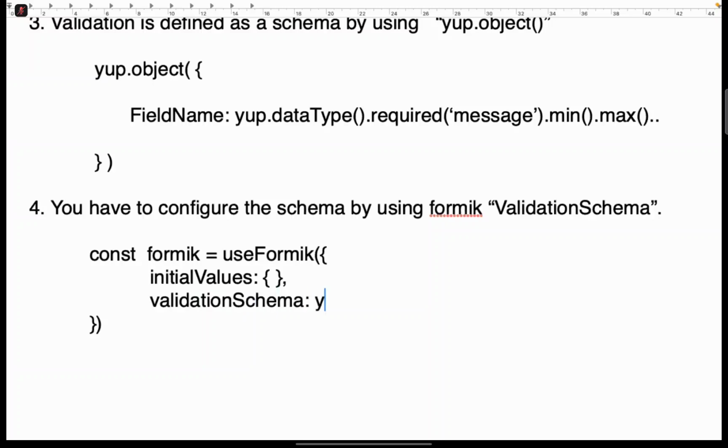Here we have to write yup.object, and here you need to build the schema, the validation schema. And after that, it will have onSubmit. It will collect the values and submit the values. This is the location where we write the validation schema.